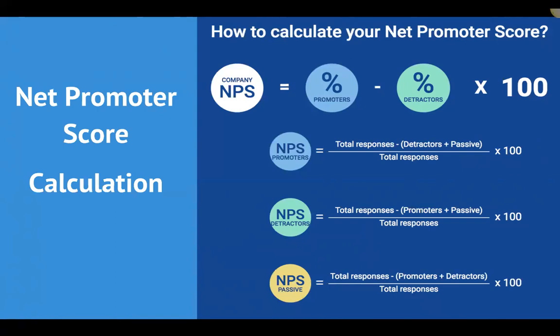With detractors, it's total responses minus promoters plus passives, divided by total responses, times 100. And with passives, it's total responses minus promoters and detractors, divided by total responses, times 100 as well. So the actual company score will be between negative 100 and 100.